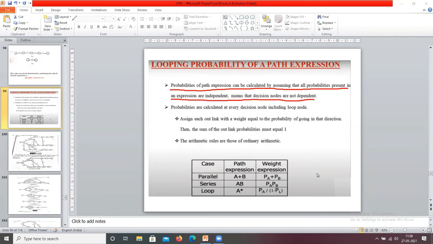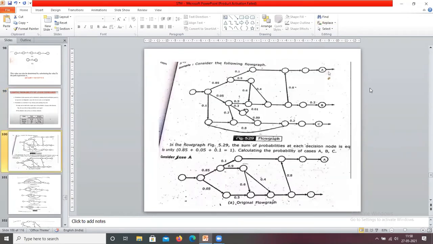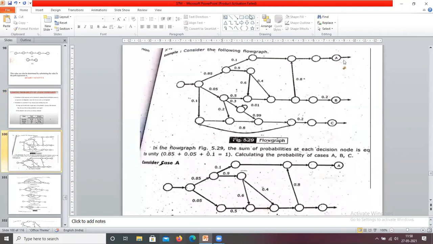So for example, this is the flow graph. In this flow graph, there is 0.85 probability of choosing this path, 0.05 probability to choose this path, and 0.1 chance of probability to take this path.